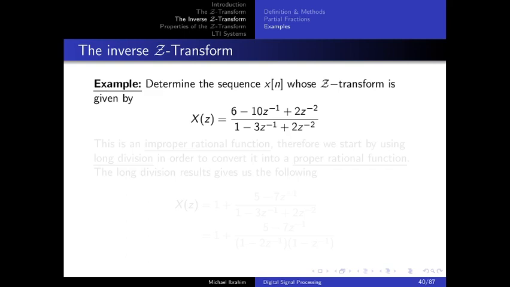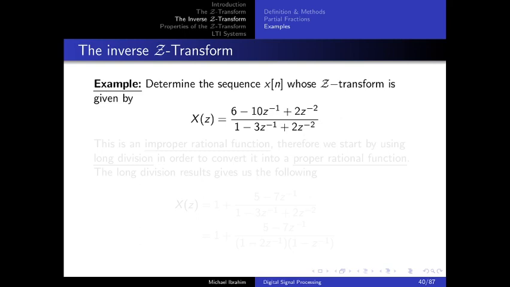Okay. Another example, we're asked to determine the sequence x of n whose z transform is given by this rational function. And I guess we have already done this example in the previous lecture. We will go over it quickly, but we have done it in detail in the previous lecture.